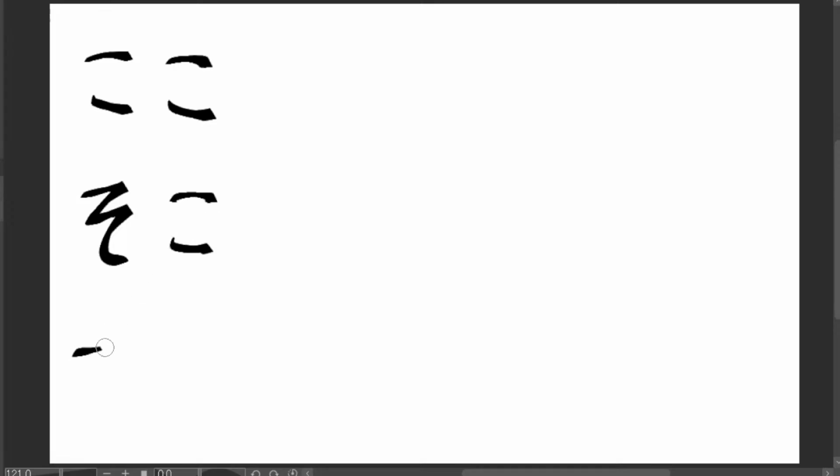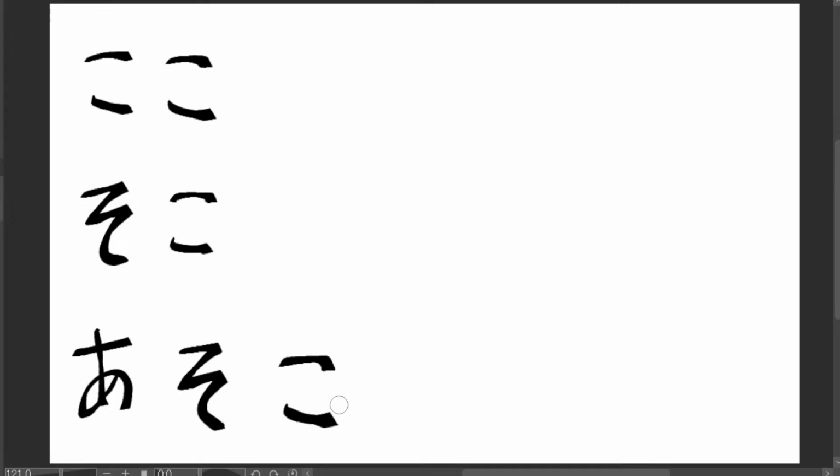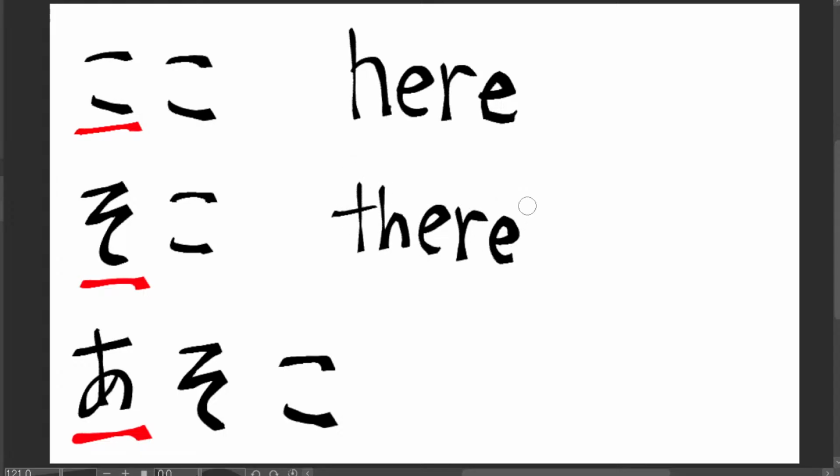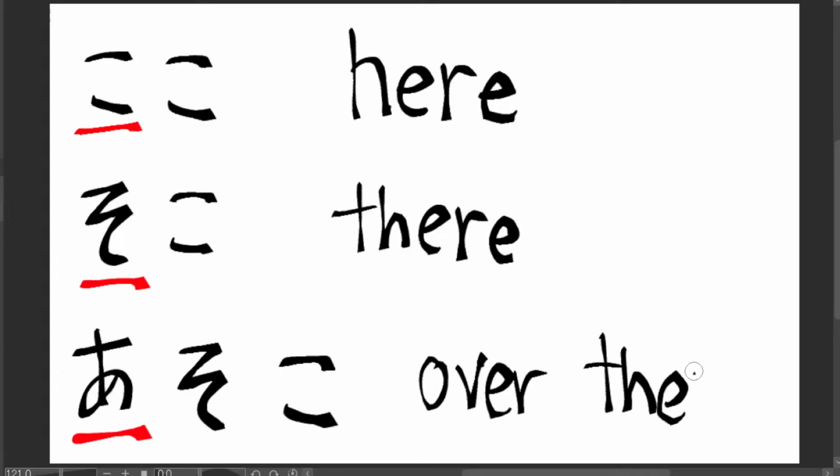For places, you say koko, soko, asoko. Koko means here, when you're talking about somewhere near you. Soko means there. And asoko means somewhere far away, over there.